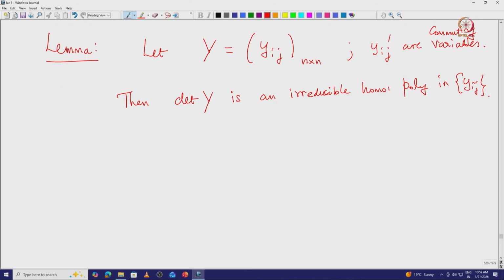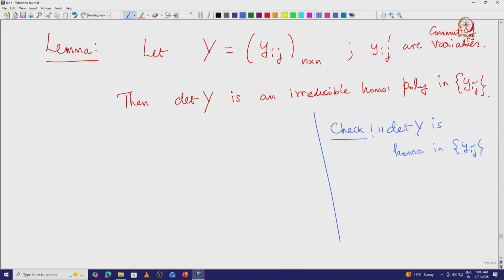I will leave it to you to think about why it is homogeneous. It is actually immediate from the definition. So, check that the determinant of Y is indeed homogeneous in y_ij. You can check this directly.